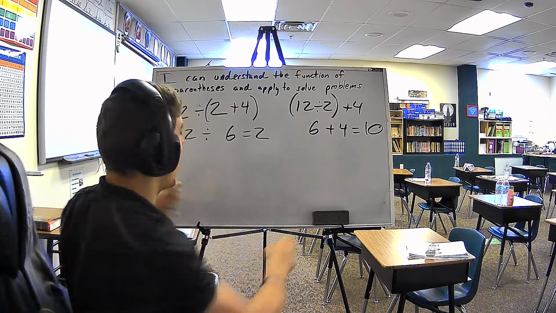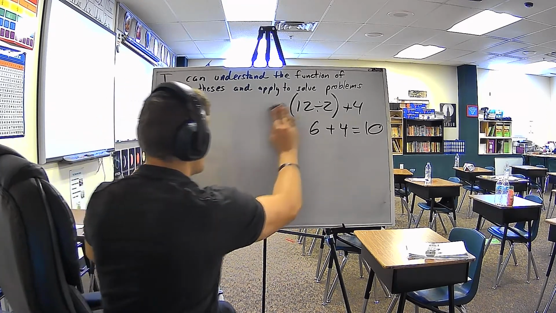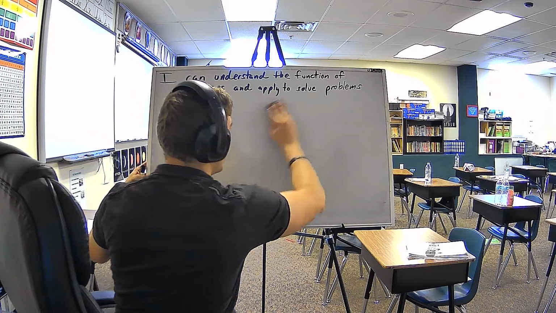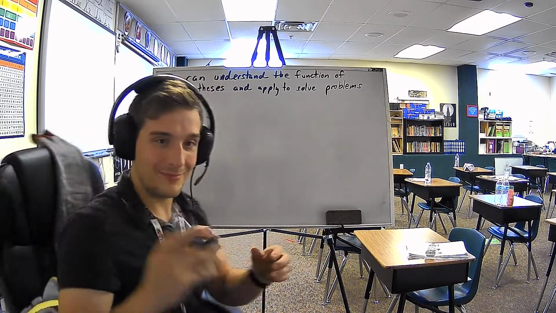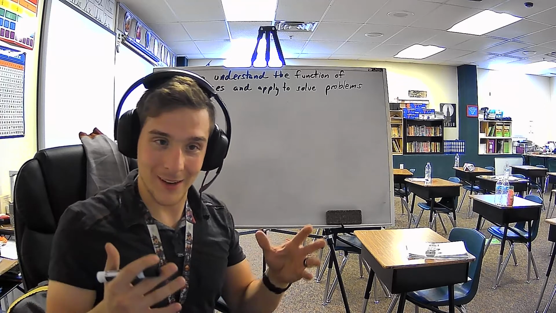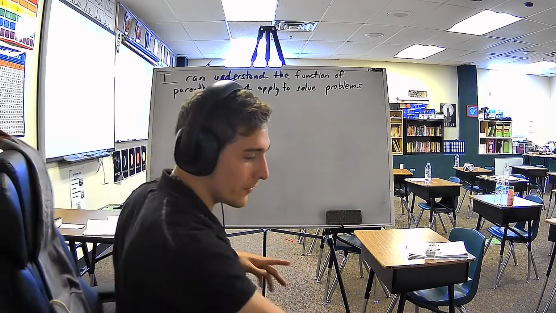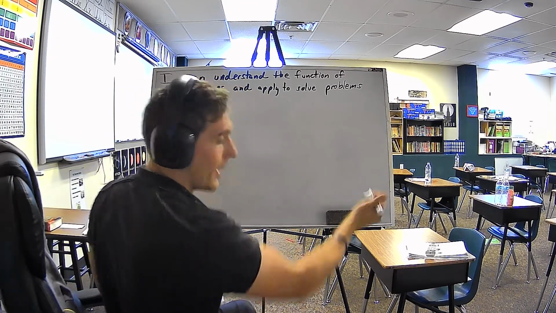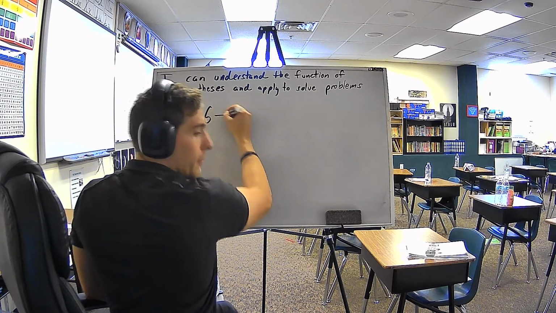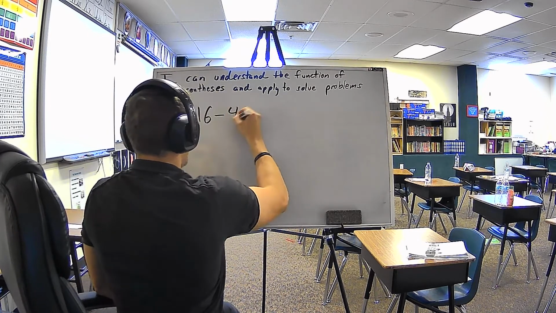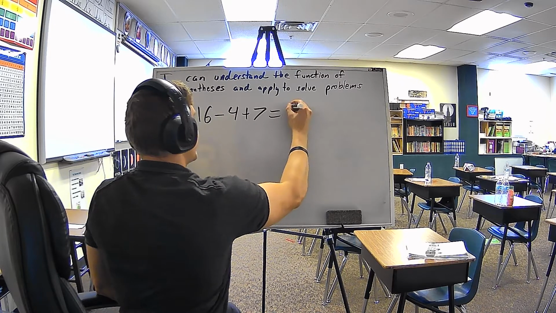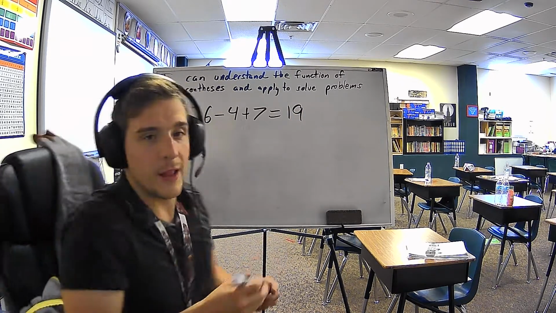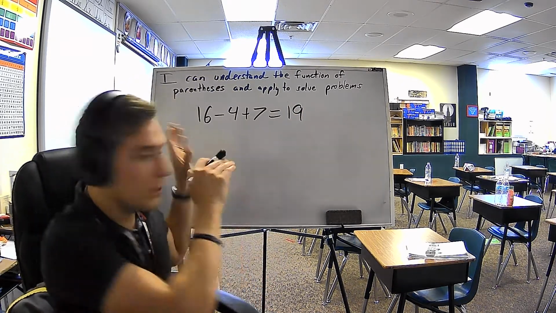Now, another thing, and I'm going to use an example from your problem set, just because I want to make sure that it works. So I'm just going to do the very first one. It has 16 minus 4 plus 7 equals 19. The question states, look at this problem.